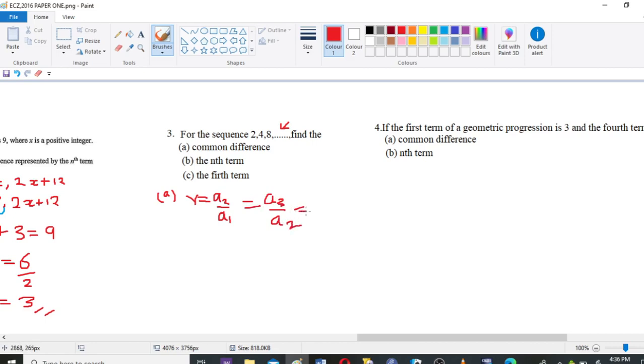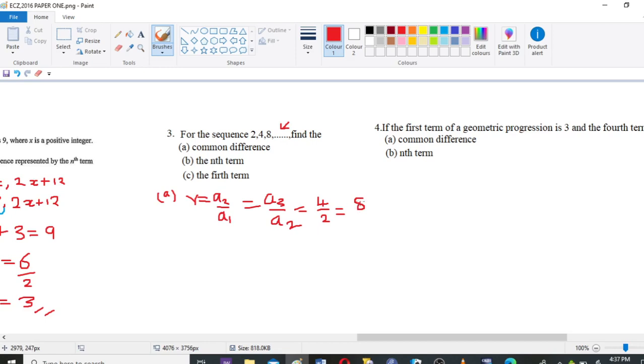So let's try this out. Our a2 is 4, so we have 4 divided by our a1, which is 2. We are saying this is equal to a3, our a3 is 8, right?